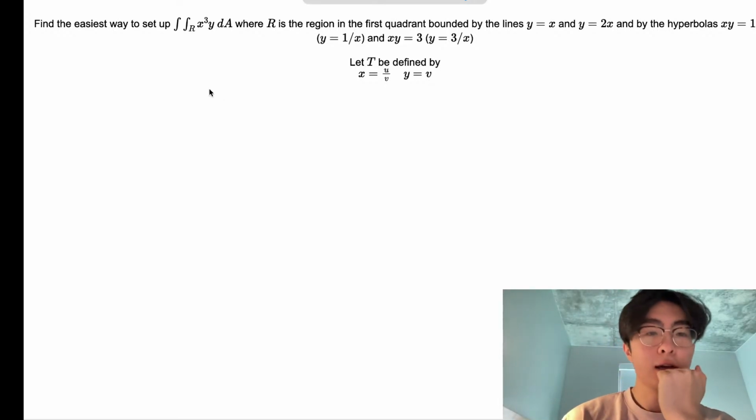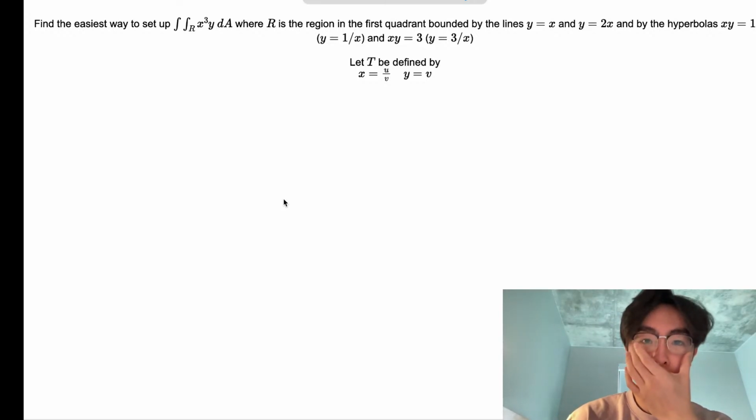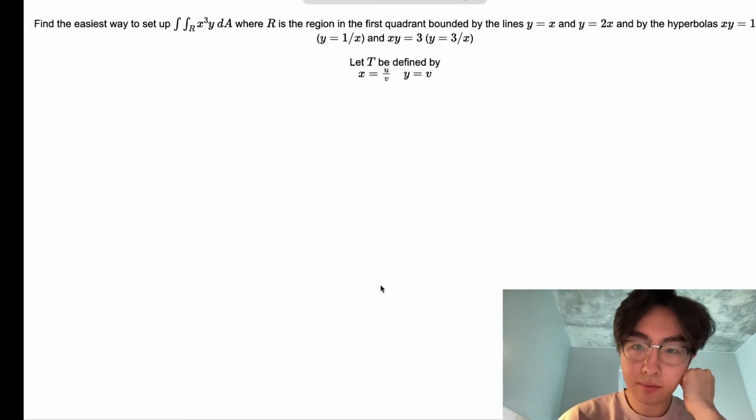Okay, this one's interesting. So we have a double integral of a region R. So that'll be in the first quadrant. And then we have lines y is equal to x, y is equal to 2x, okay?